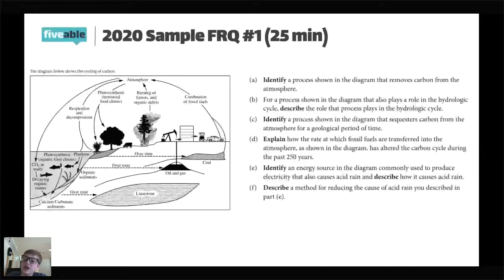Sulfuric acid is then deposited to the ground to form acid rain. Boom. Perfect describe. Describe means you need to link A to B to C to D to E to F to Z, whatever. You don't just go from A to Z. Your identify goes from A to Z. Your describe needs to tell me all the steps in between. So Morgan did that right.